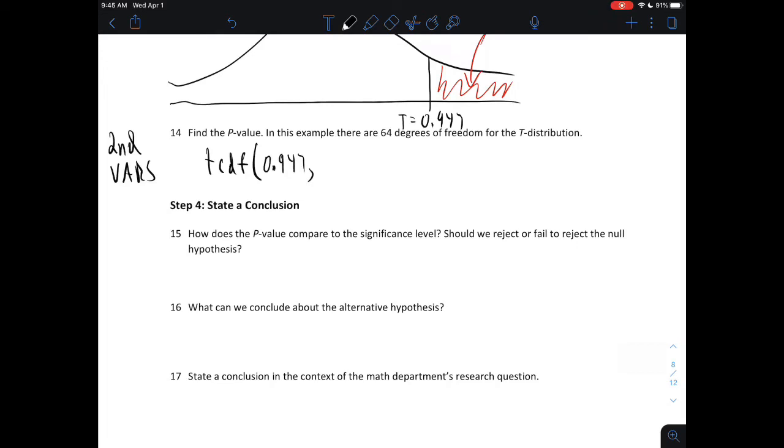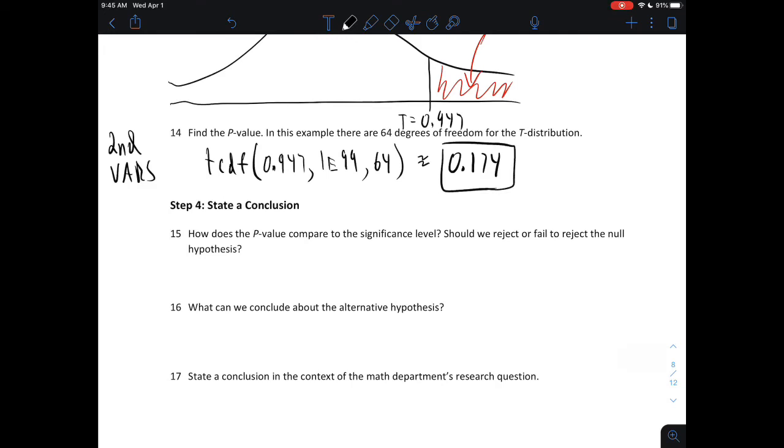Comma the upper t-score, which would be 1e99, because we are going to the right, positive infinity, comma the degrees of freedom, which we were just given, and again, we will be given that in other problems. Plugging that into our calculator, we should get approximately 0.174.